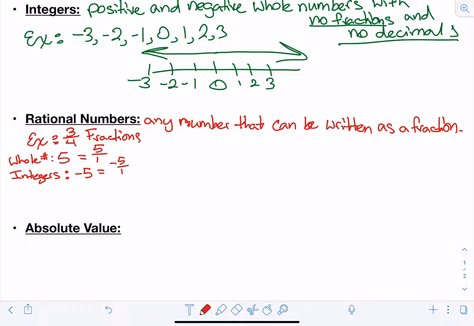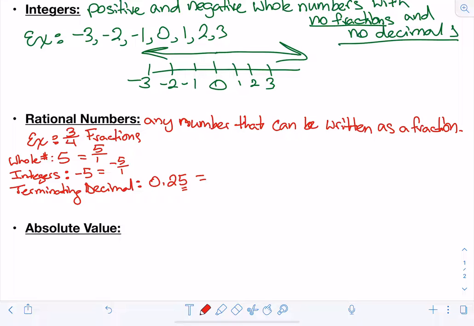Okay, a third example would be a terminating decimal. So remember, a terminating decimal is a decimal that ends. So let's say we have 0.25. That's a terminating decimal because it ends at the 5. There's no numbers after that.